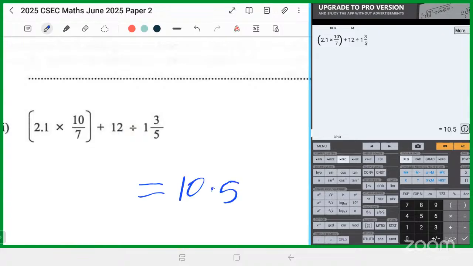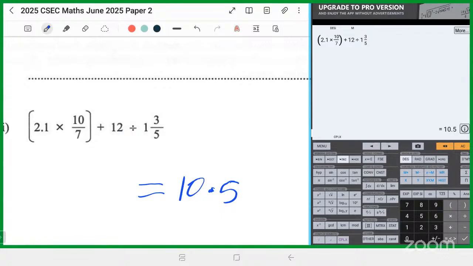Exact form, 10.5. Let me take a quick look at exact form. I don't remember what exact form means. Exact form in math: that is not a decimal.